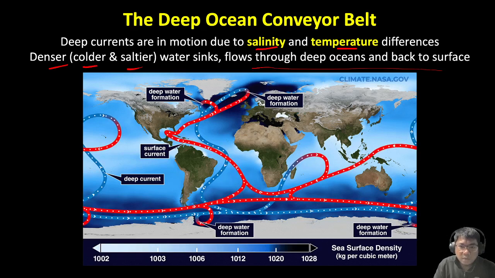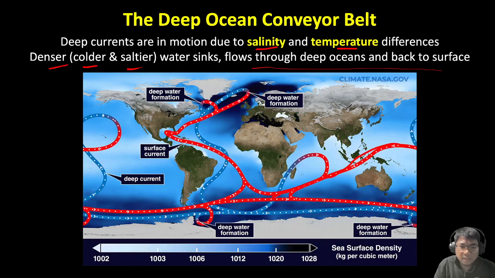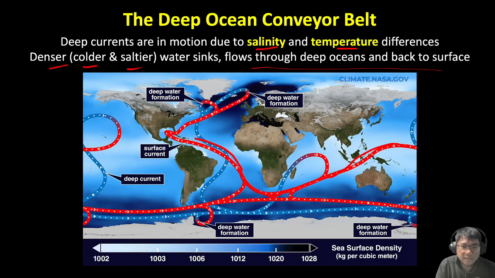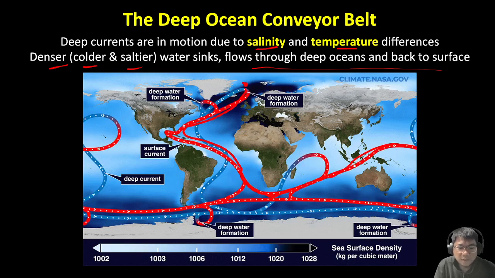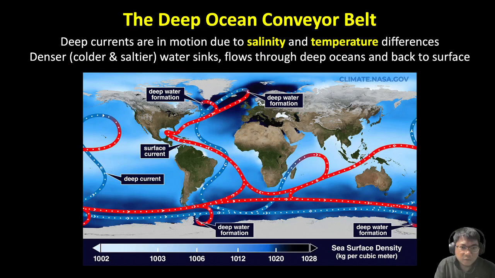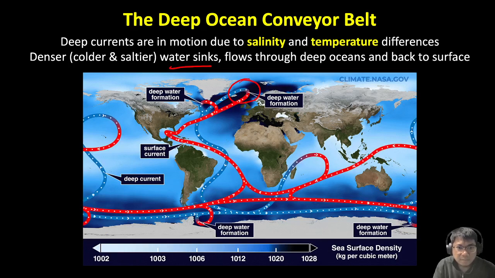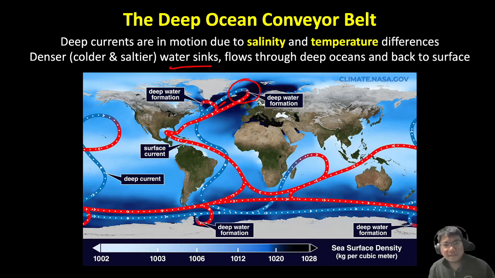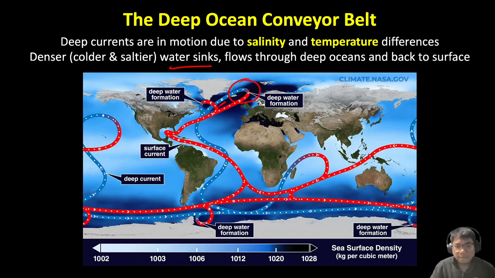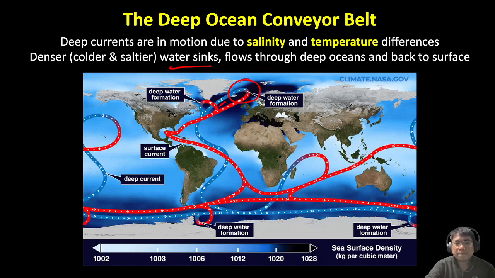As you can see here, we have this warm deep current that flows over the Indian Ocean and the southern ocean of the southern part of the Atlantic Ocean, and it goes up and it goes down where the deep water formation occurs in this region. The reason for that is that these currents become colder as they travel up to the north, and this cold water will eventually sink to the bottom, creating these blue arrows that represent the deep and cold ocean current.